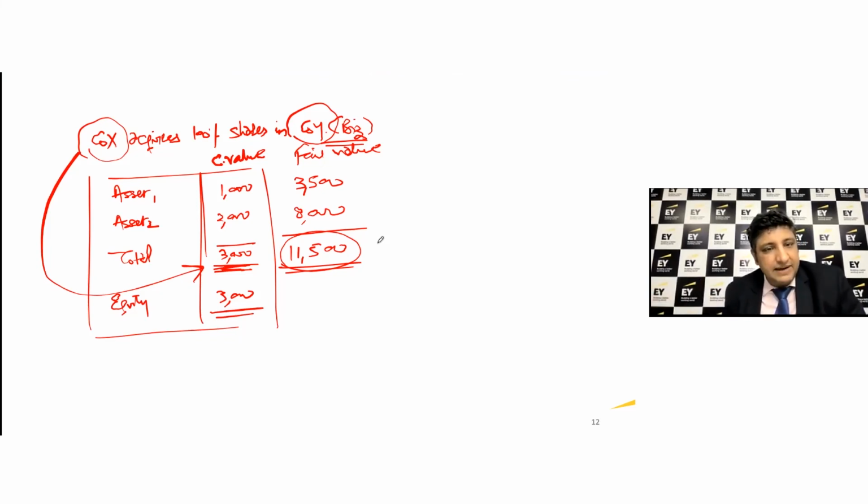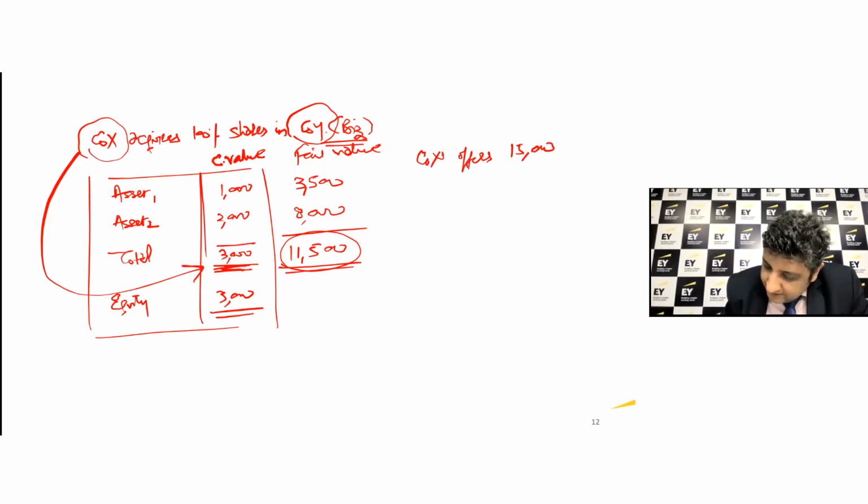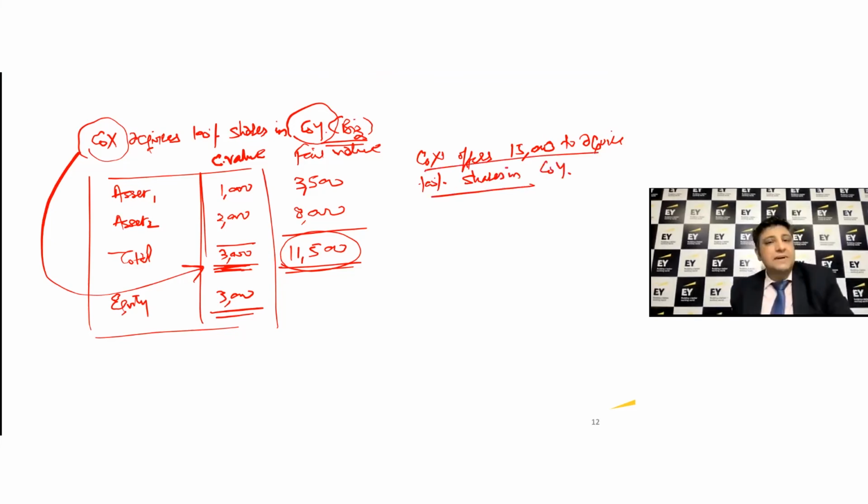So for the sake of a number again, if I say that company X offers, let's say, 15,000 to acquire 100% shares in company Y. So company X offers 15,000 rupees to acquire 100% shares in company Y.